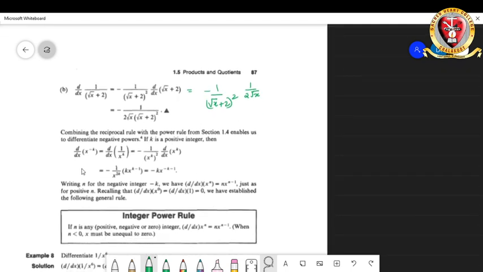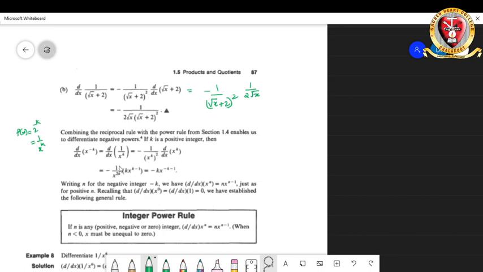Now suppose we are having the function x raised to minus k, say our function f of x is equal to x raised to minus k. So it can be written as 1 by x raised to k, right? So suppose we are finding the derivative of it. See, d by dx of 1 by x raised to k is equal to, use the reciprocal rule, minus 1 by the term square, x raised to k square, into d by dx of x raised to k.